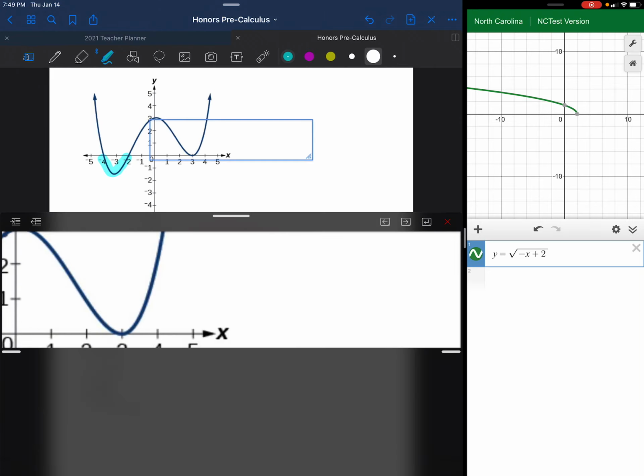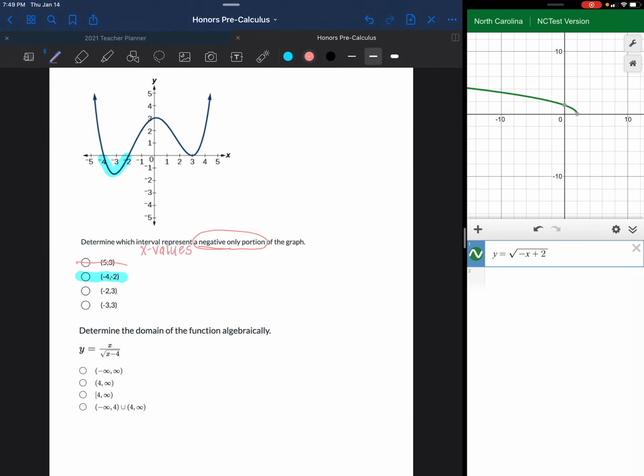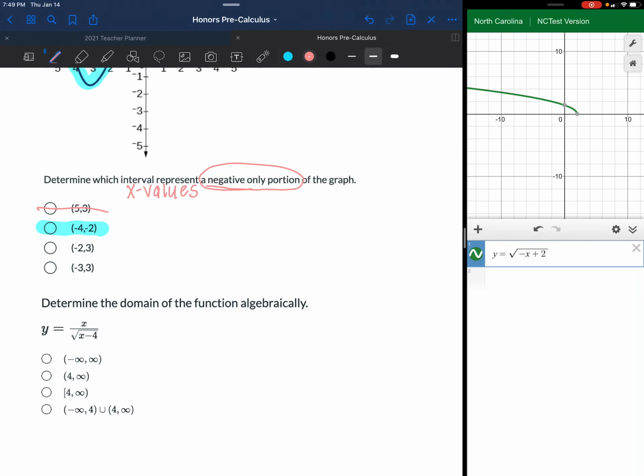Alright, and define the domain algebraically for the last one. So we have a denominator and we have a square root. So remember, when we have a denominator and a square root, that means that it has to be greater than 0. It can't equal 0 because it's in the denominator. So we're going to say that x minus 4 is greater than 0.